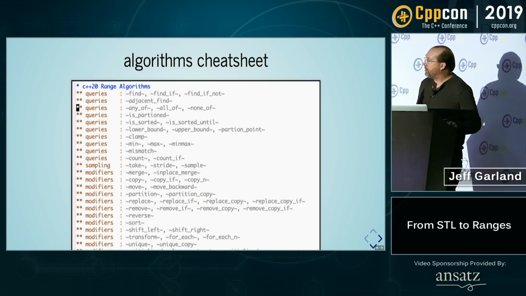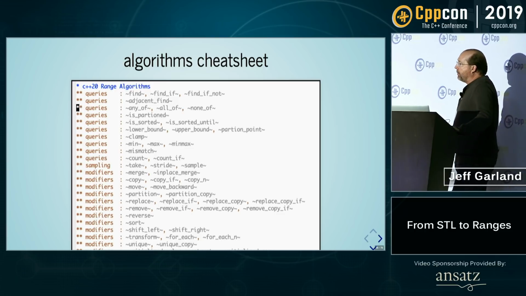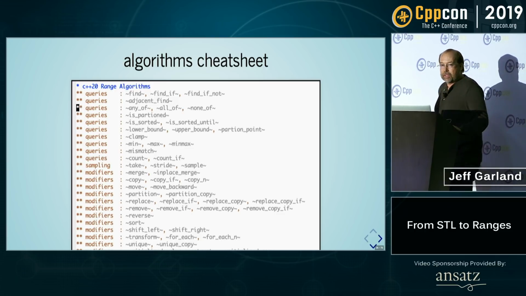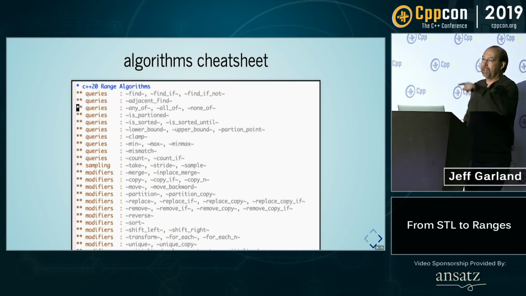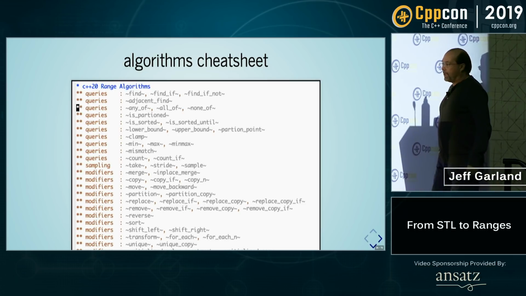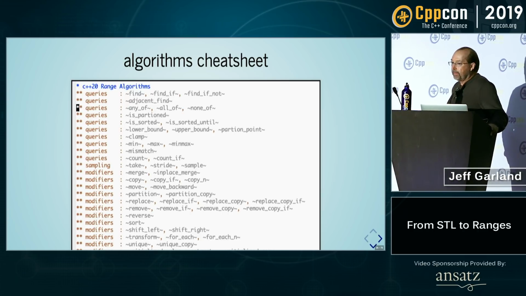Particularly missing are things like accumulate and some of the numeric related algorithms. If you're interested in having range algorithms for those kinds of things, please see myself or Chris DeBella afterwards, who's also sitting up here in the front row, because he's working on that topic for C++23.